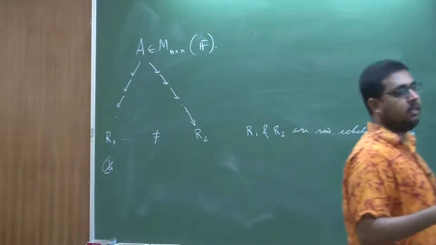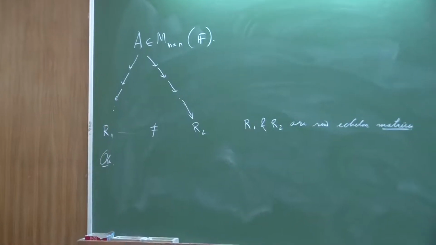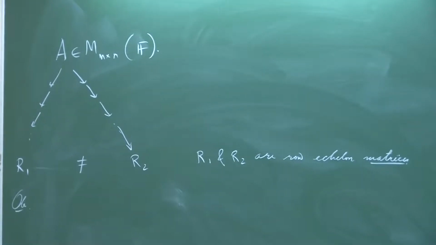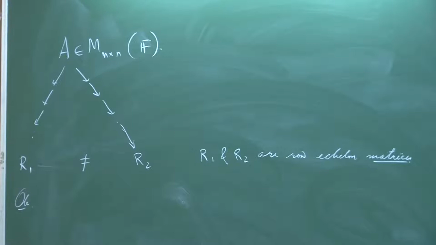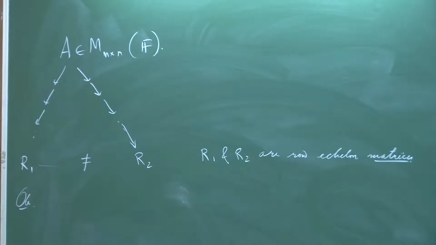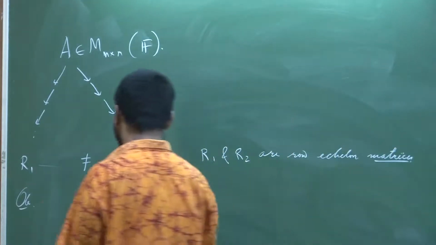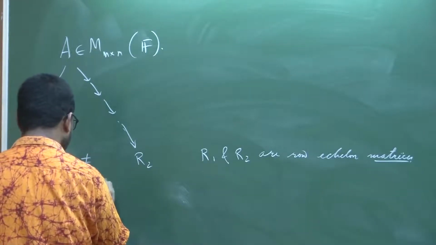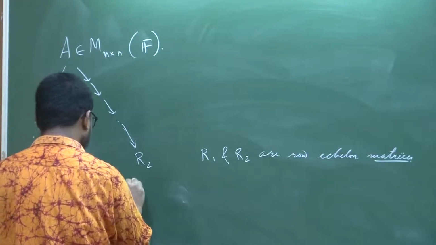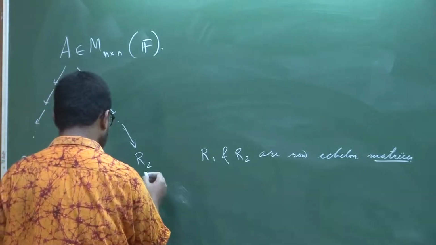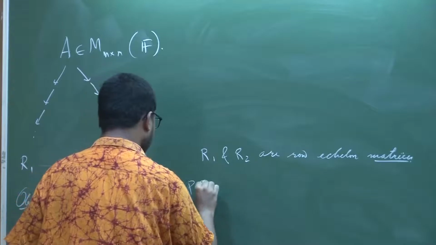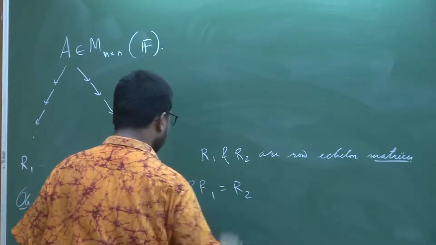Elementary matrices are invertible, we have seen, right? Elementary matrices are invertible, and so is their product. So therefore we know that there exists an invertible matrix P such that P R1 equals R2.